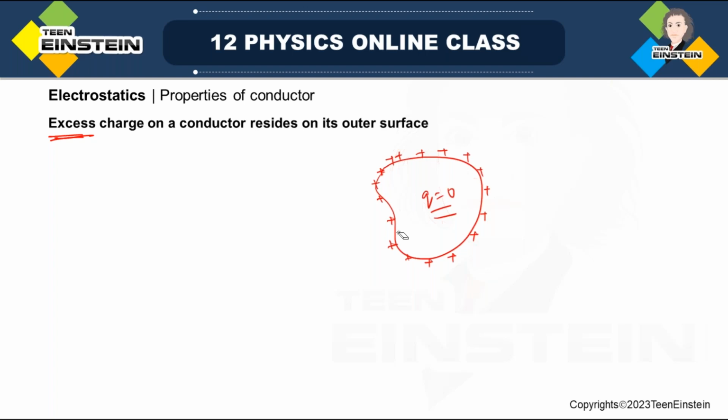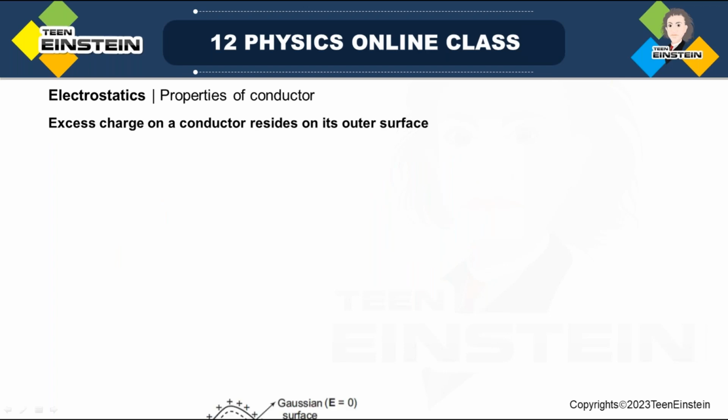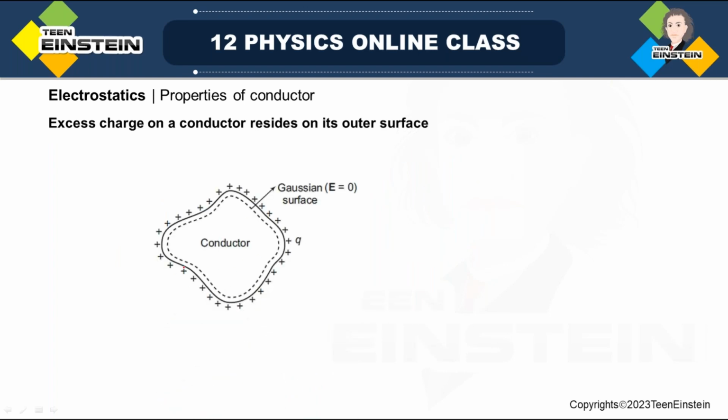But you might be thinking, how do we prove this? Let us suppose I have taken an arbitrary shaped conductor, and you look, I have given some isolated charge Q here, and that has gone to the surface of the conductor and is residing on the surface, and the distribution of the charge is uniform.